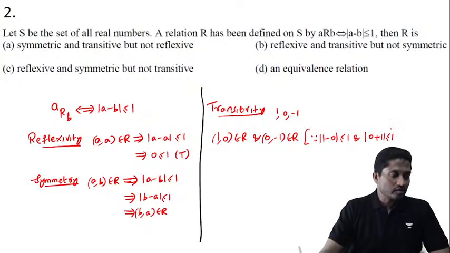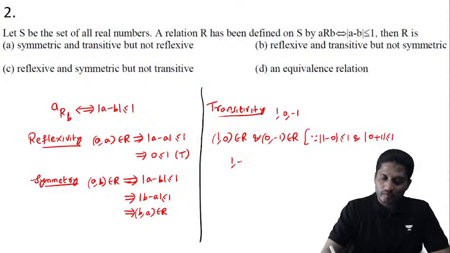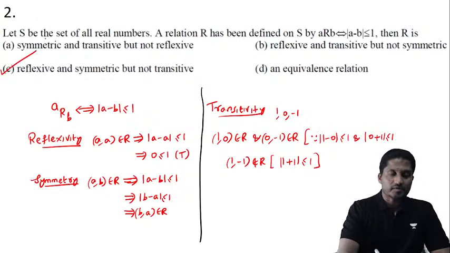So A comma B belongs to R, B comma C belongs to R, but A comma C does not belong to R. 1 comma minus 1 doesn't belong to R. Because 1 minus minus 1 is 2, which is not less than or equal to 1. You understand? So it is reflexive and symmetric, but not transitive. Answer is option C.